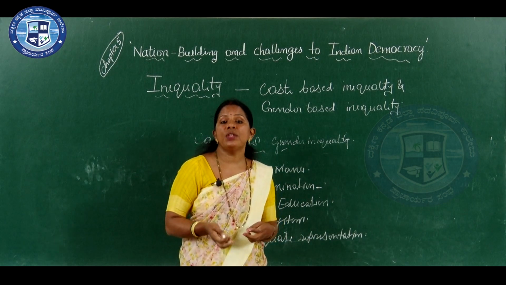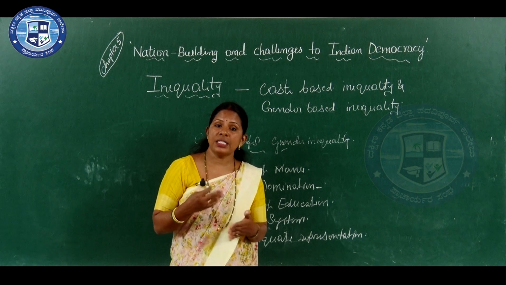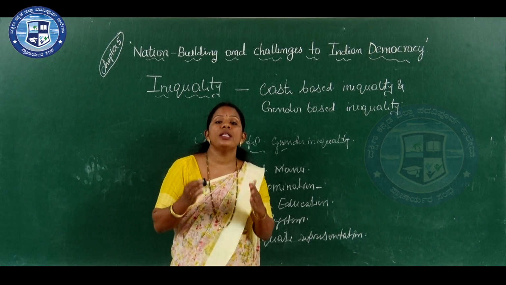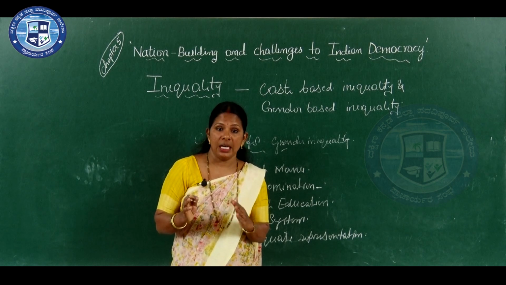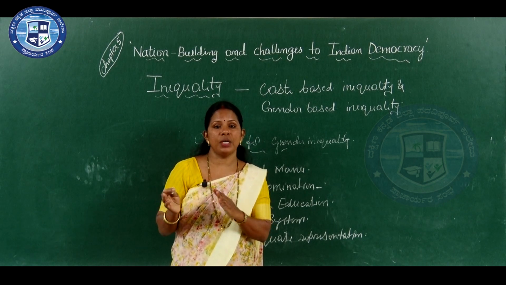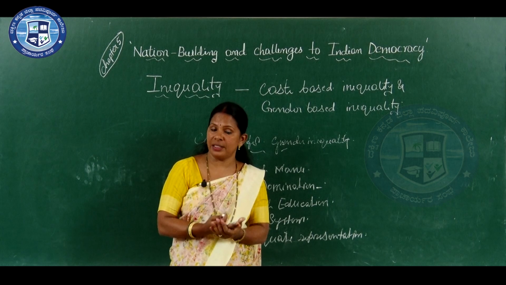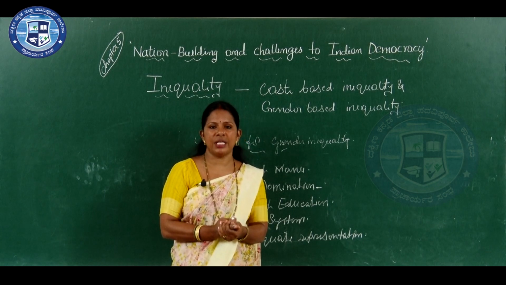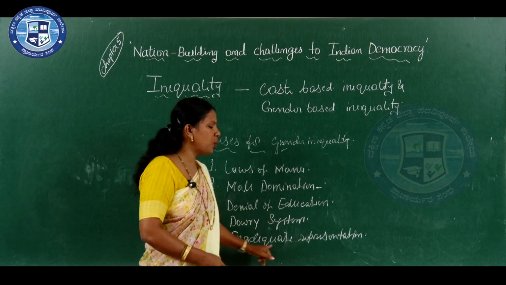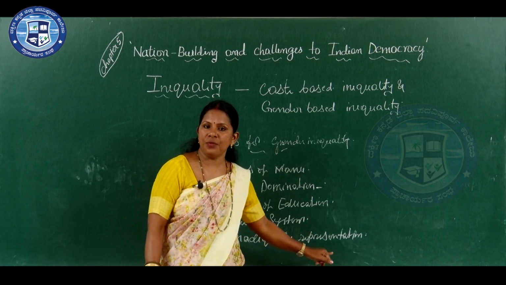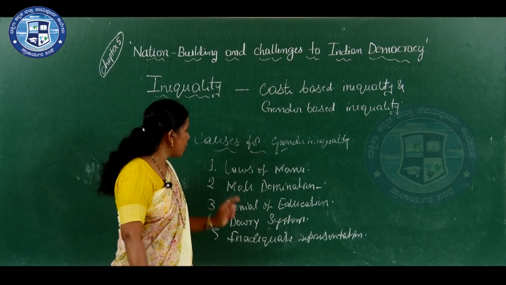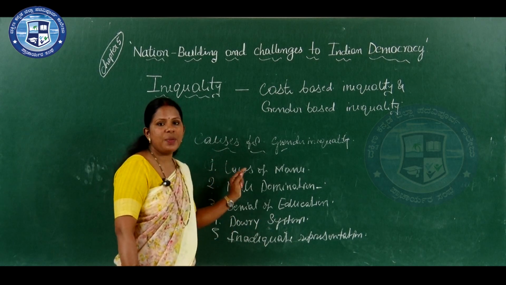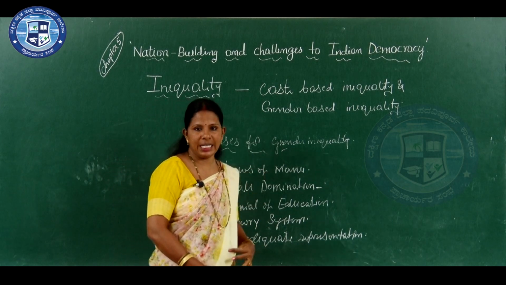Take the example of the 17th Lok Sabha. In the 17th Lok Sabha there are only 78 women, only 14%. Among the 545 members, only 78 are women, which clearly shows inadequate representation for women. So, these are all the causes for gender based inequality in India.